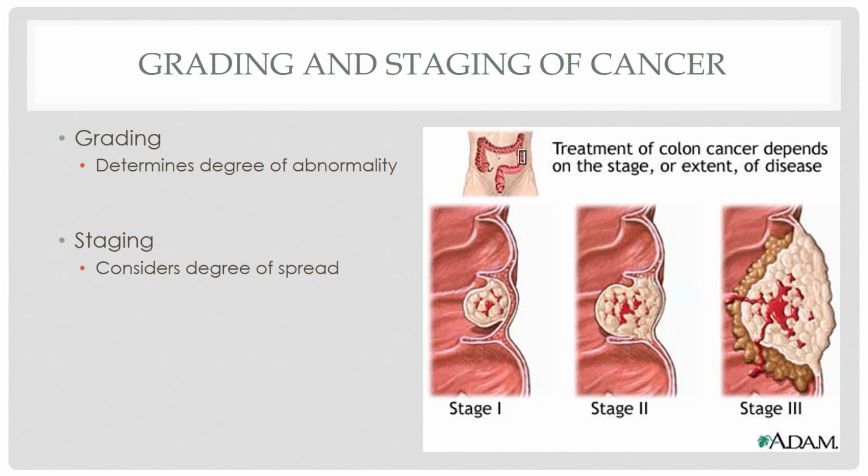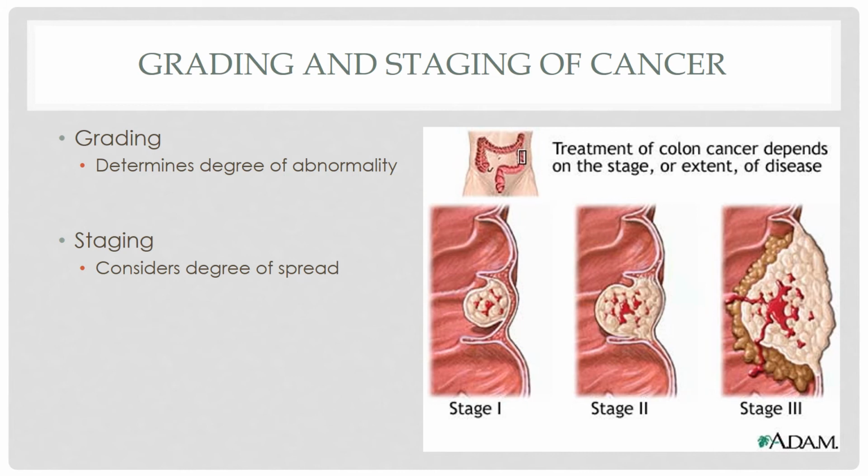Staging, again, is performed by numbers from 1 to 4, and the system is very similar to grading, but again, staging is spread and grading is differentiation, or degree of abnormality. So staging will show how far the cancer has spread.